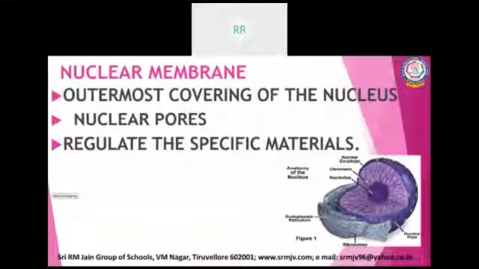There are several pores called nuclear pores present throughout the nuclear membrane. These pores help to regulate the movement of specific materials into and out of the nucleus.